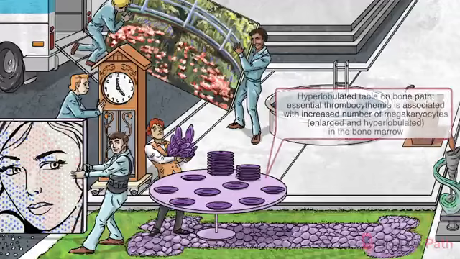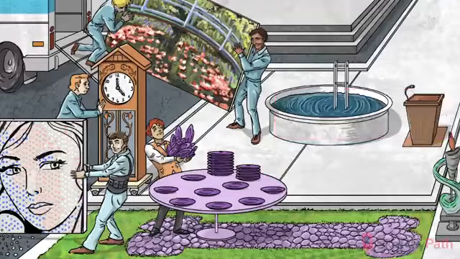On bone marrow biopsy, expect to see an increased number of megakaryocytes. Megakaryocytes are large platelet-producing cells with characteristic lobulated nuclei. And in the setting of essential thrombocythemia, these cells are even larger, with nuclei that are even more lobulated. The table setting above the bone-shaped patio is meant to evoke an image of one of these abnormally large megakaryocytes hanging out in the marrow.